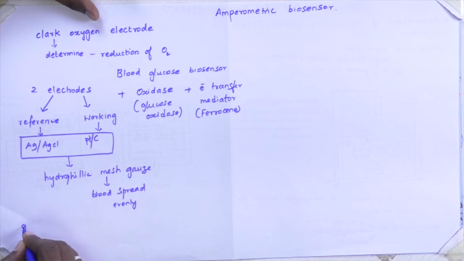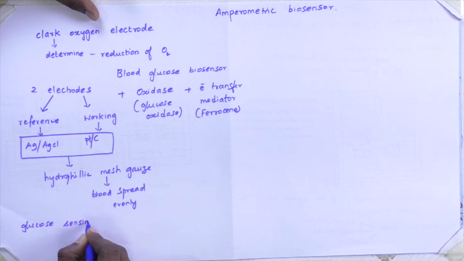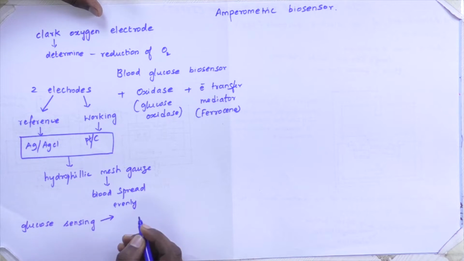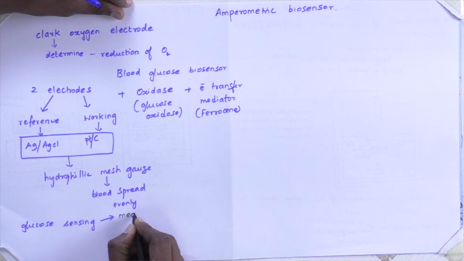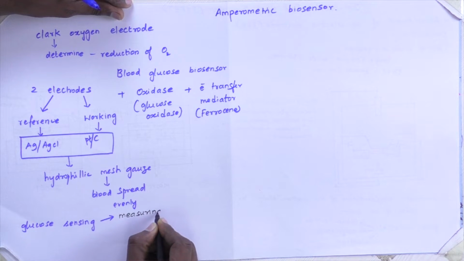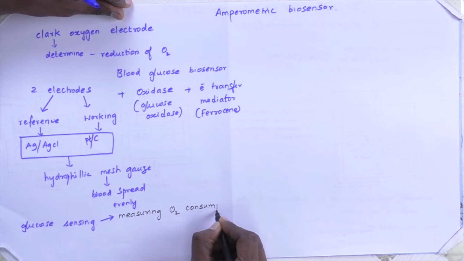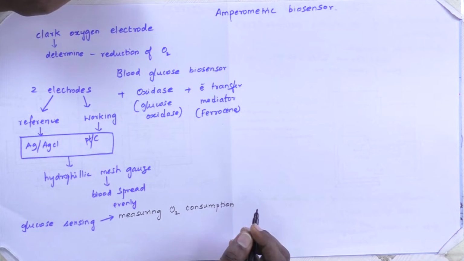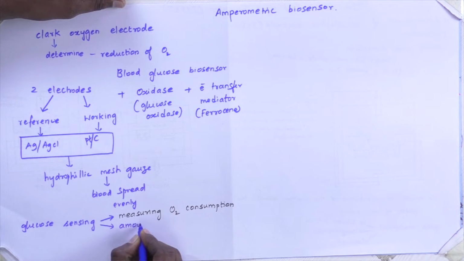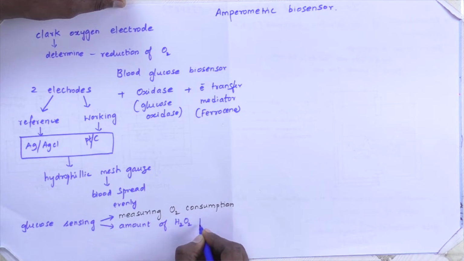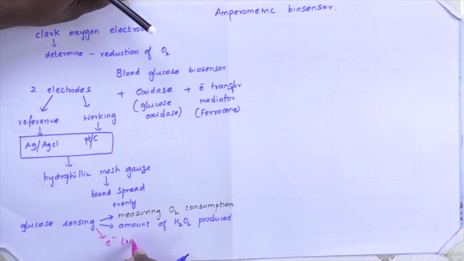The amount of glucose sensing depends on measuring oxygen consumption, the amount of hydrogen peroxide produced, or the electron transfer mediator.